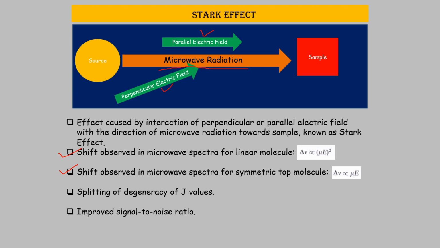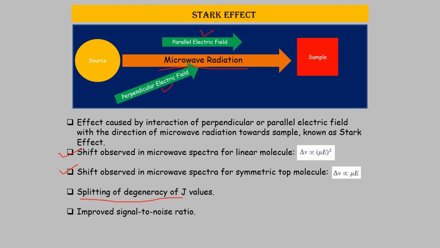In this way, the dipole moment of any molecule can be determined accurately, without considering intermolecular interaction or solvent effect, using the Stark effect. Another importance of the Stark effect is the splitting of the degeneracy of J values.